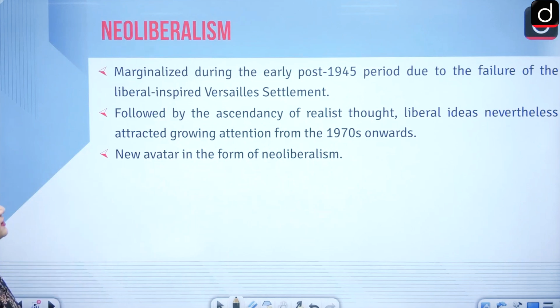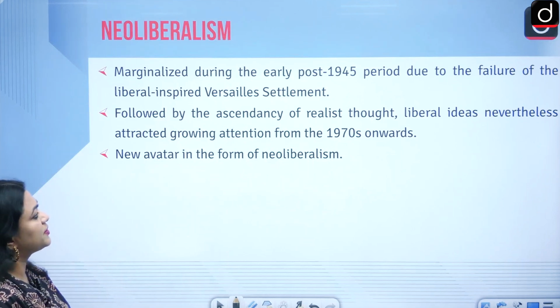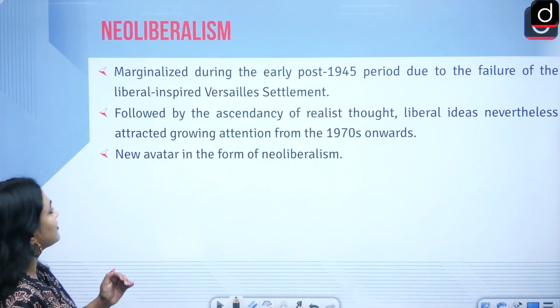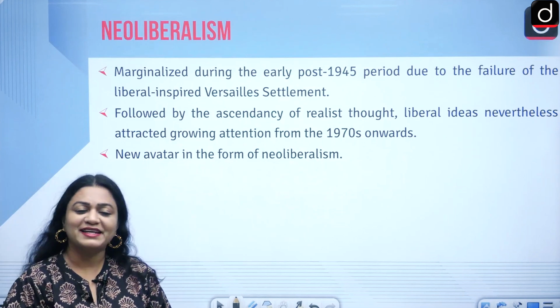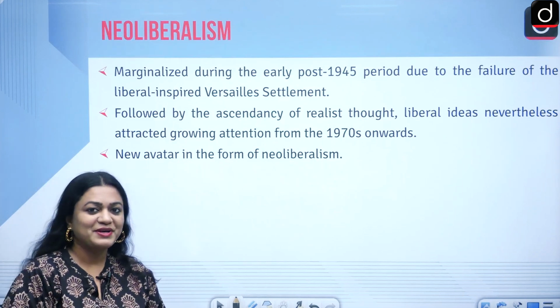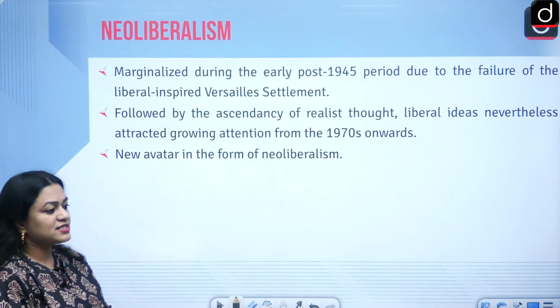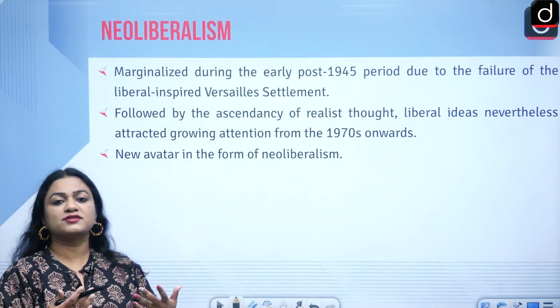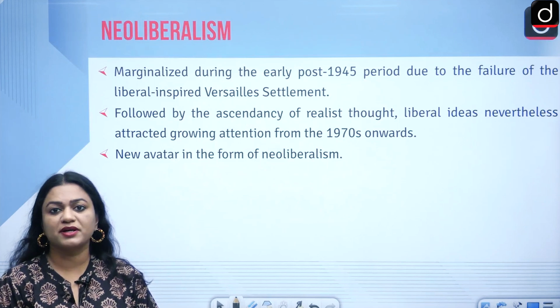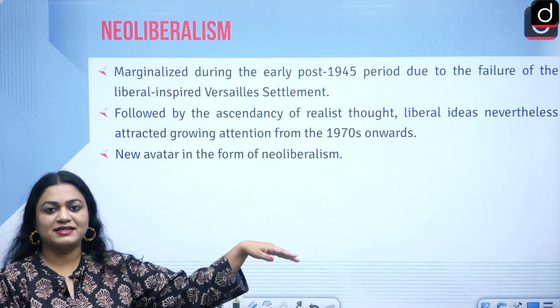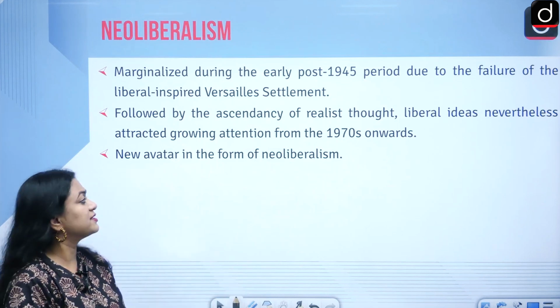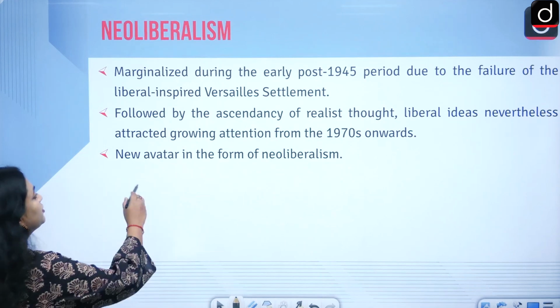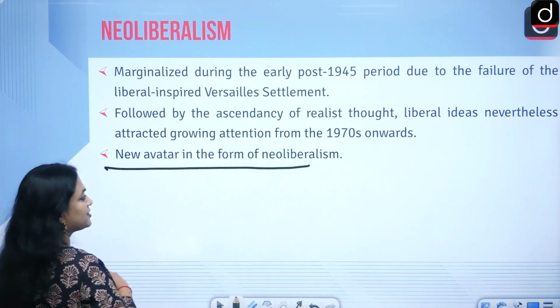Following the ascendancy of realist thought, liberal ideas nevertheless attracted growing attention from the 1970s onwards, in a new avatar in the form of neoliberalism.